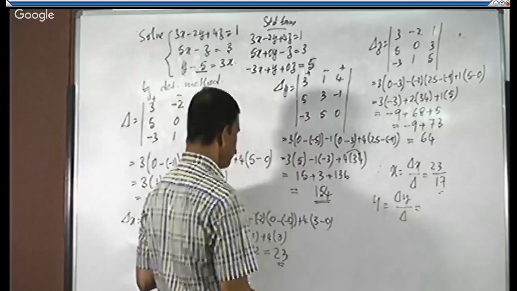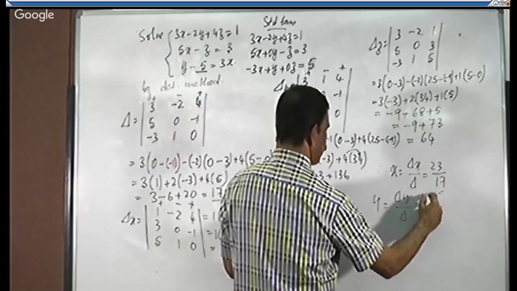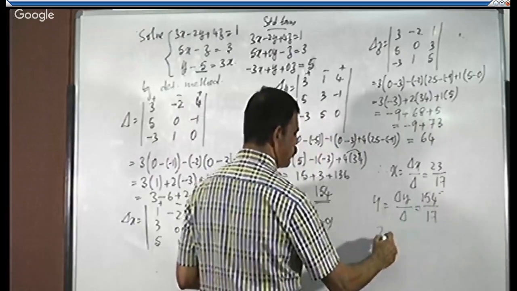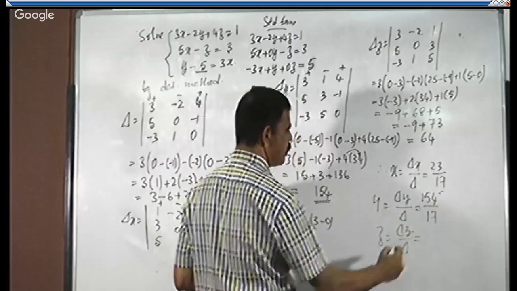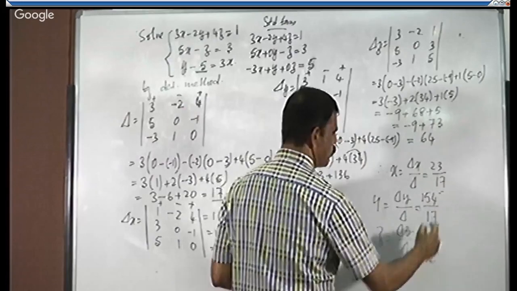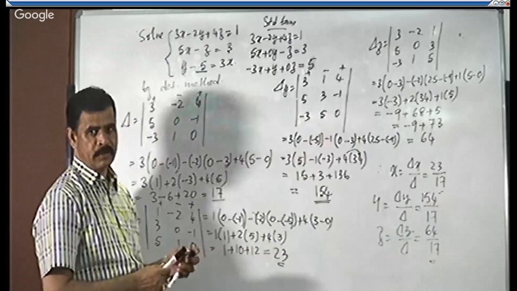What is delta y? Delta y is equal to 154 divided by 17. Z is equal to delta z divided by delta. What is delta z? It is 64 divided by 17. So if they cancel, you can cancel it. Otherwise, keep it as it is.